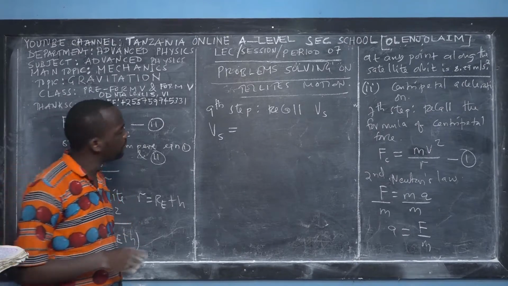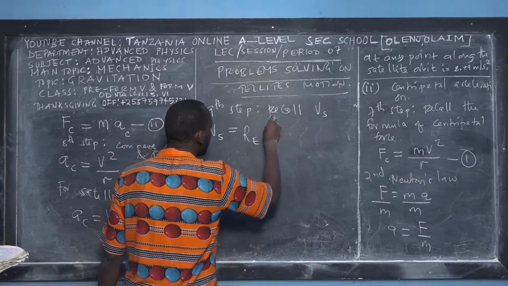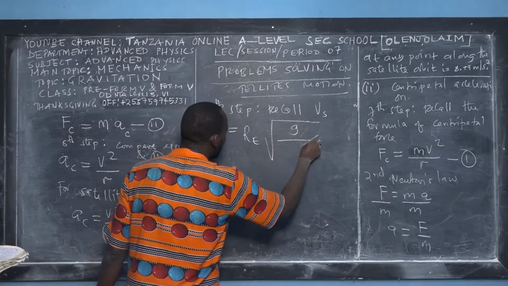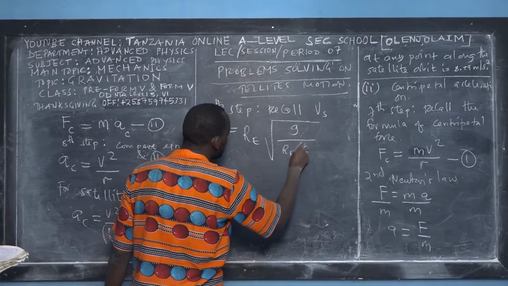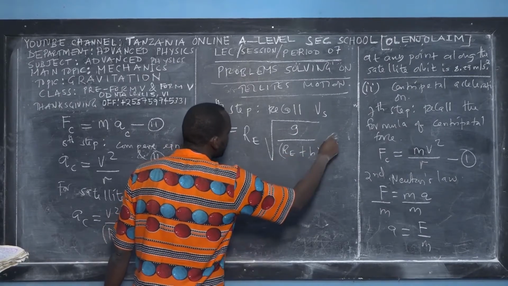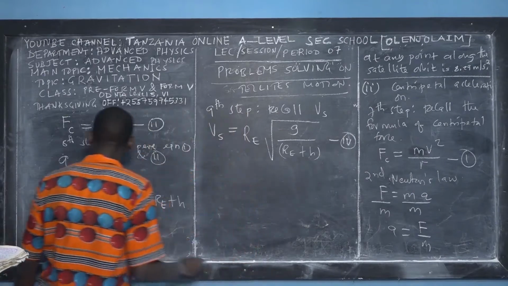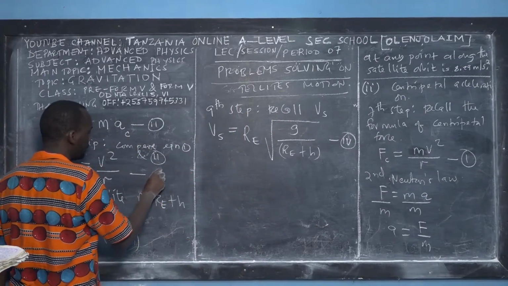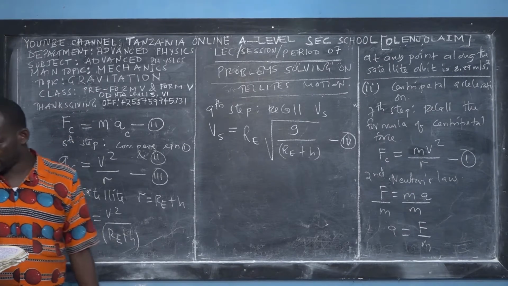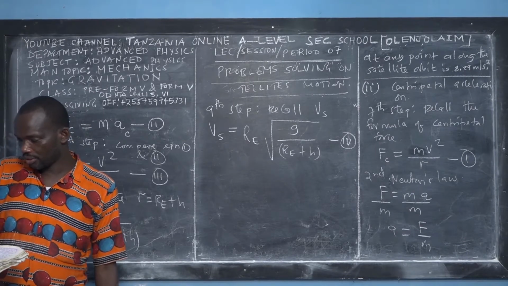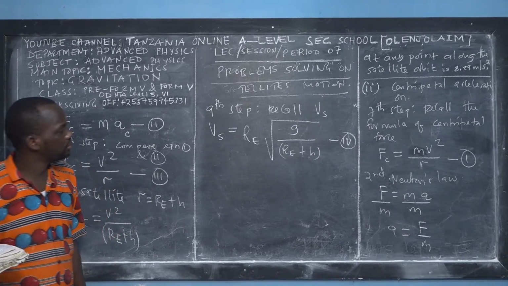So one of the formulas says that it is the radius of the Earth times the square root of acceleration due to gravity, then times the radius of the Earth plus the height h. So this is equation 4. Why? Because this is equation 3. Okay? So that's the formula for the velocity of the satellite. Good.